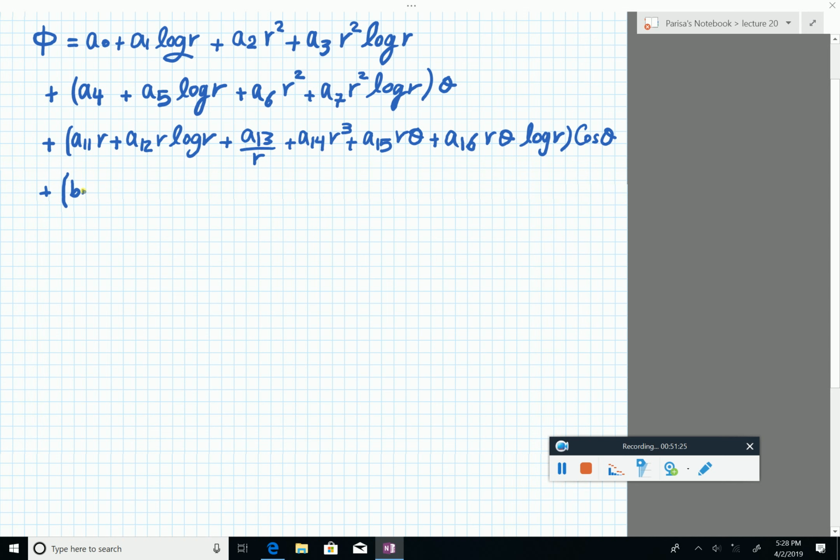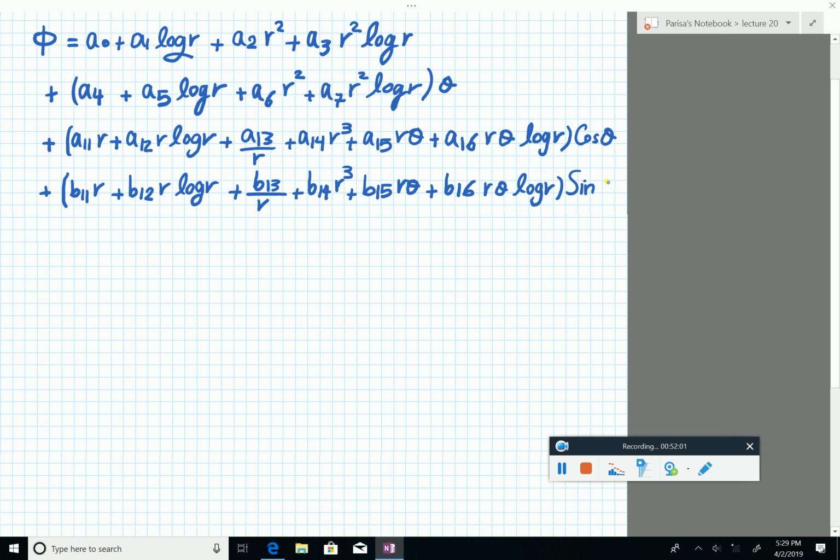So B11 R plus B12 R log R plus B13 over R plus B14 R cubed plus B15 R theta plus B16 R theta log R, sine theta. Not done.